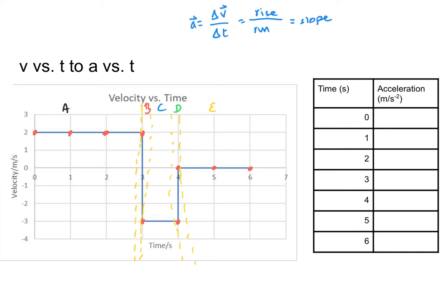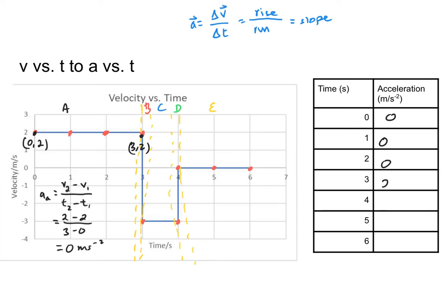For section A, I'm going to pick out my 2 points. I start at (0, 2), and I end at (3, 2). So my acceleration at A is going to be my final velocity minus my initial velocity over my final time minus my initial time, which I can write as (2 minus 2) over (3 minus 0), or 0 meters per second squared, which I can write for 0, 1, 2, and 3 seconds.